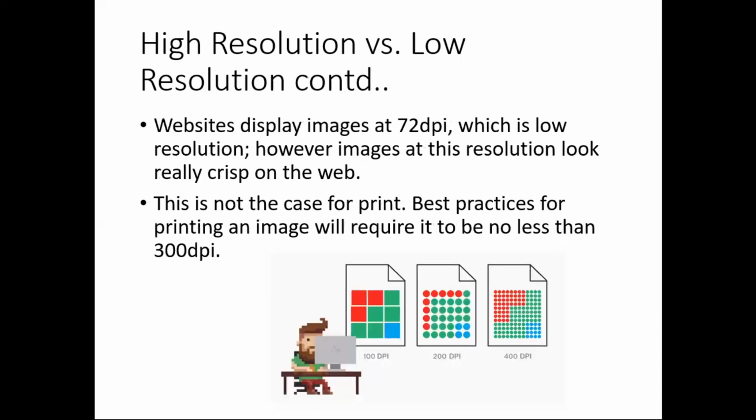Then for websites, the standard quality or resolution of the image is 72 dpi, 72 dots per inch. What is the reason? When you load a specific website, it should download all the available images from the server to your browser, right?